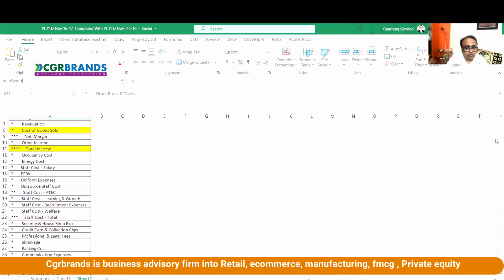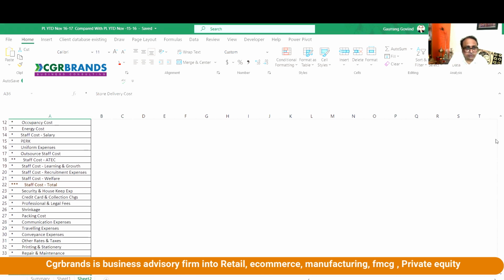The first part was more towards the rental, energy, and the staff cost. Then the utility costs are like security and housekeeping expenses, and the credit card commissions which you pay to get the sales, which get deducted.